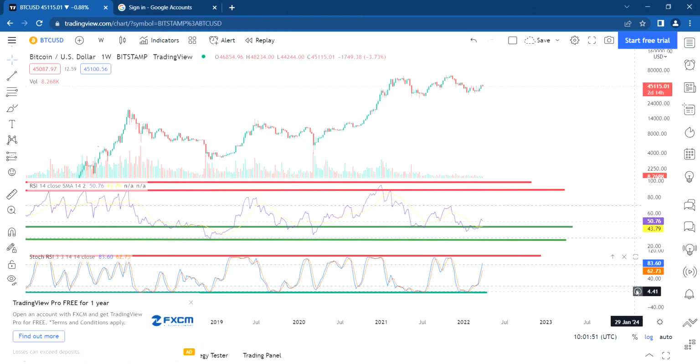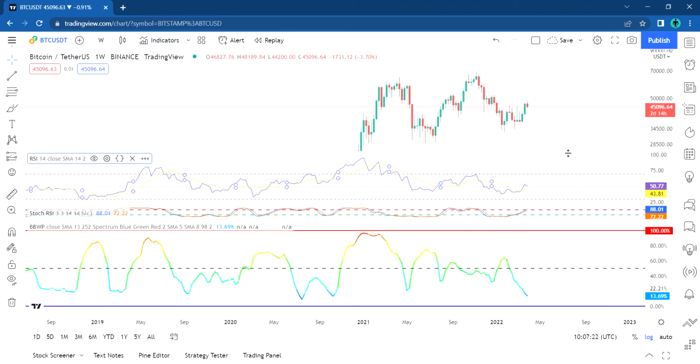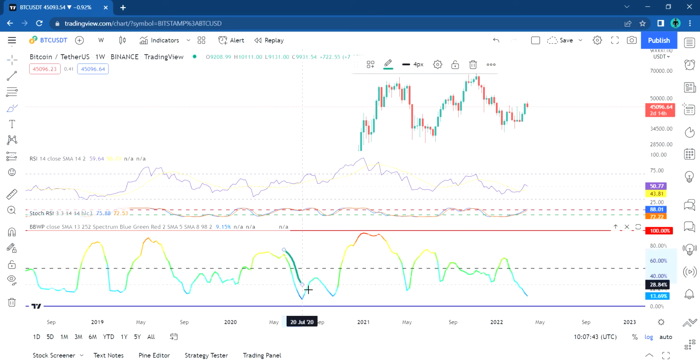So that's just momentum. The last component is volatility. Over here we have the BBWP, a volatility indicator. When it's at these lows, volatility is actually very minimal, right? You can see that volatility is coming down.